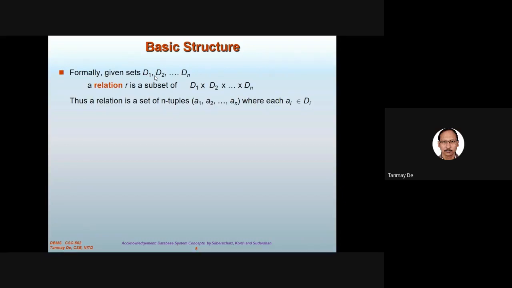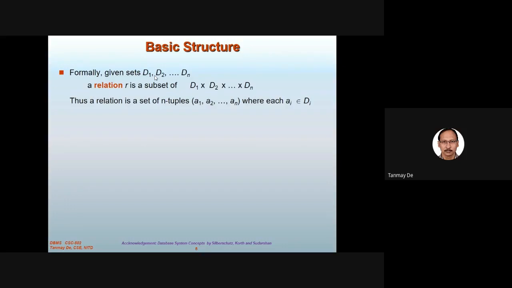In a table there are a number of rows. No, I am not drawing anything on the board; I am just telling you, because this is not written on the slide. About the relational database, I already told you in my beginning introductory class.